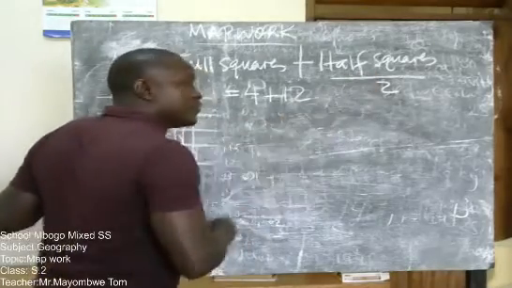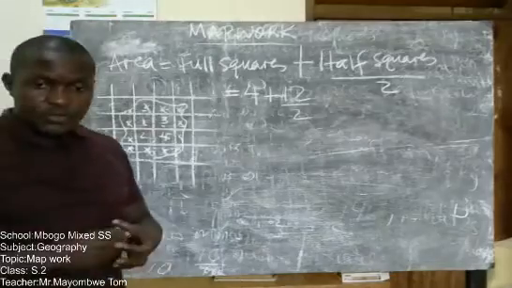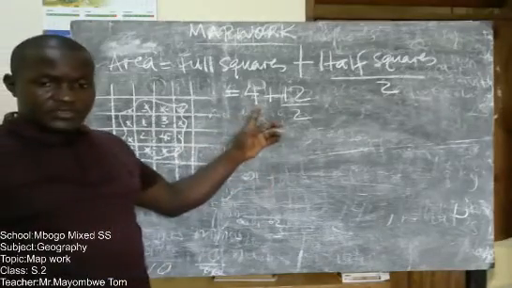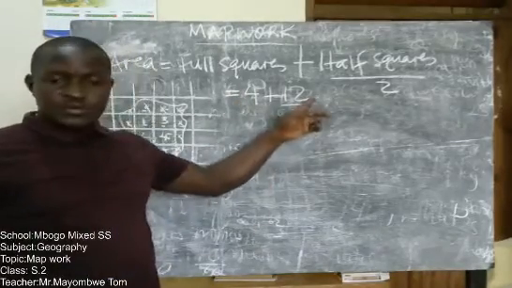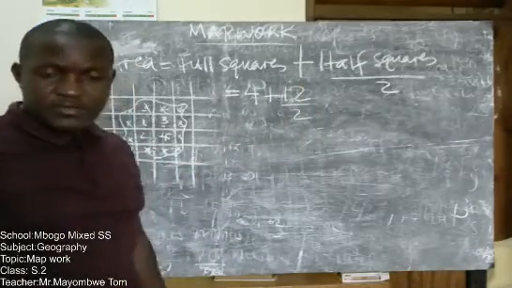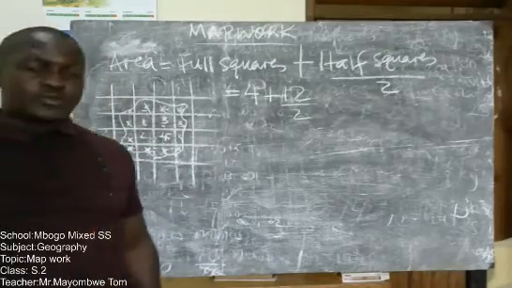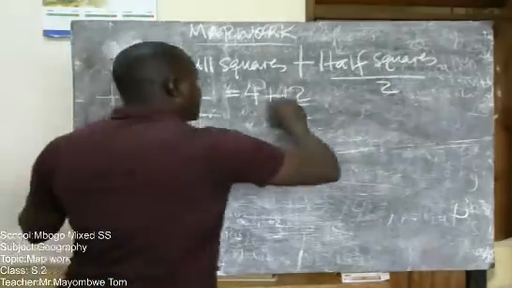According to our formula, the half squares are divided by 2. When you reach here, don't say 4 plus 12. No. Division first. You remember BODMAS in primary school. Division comes before addition. So we first divide.